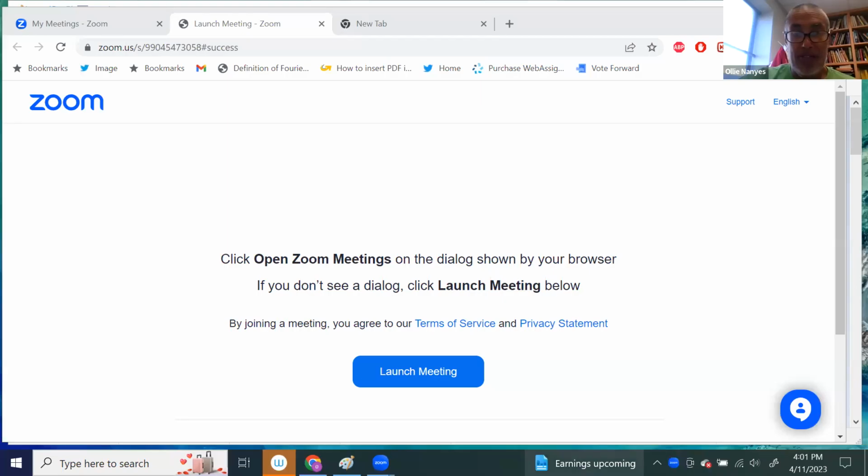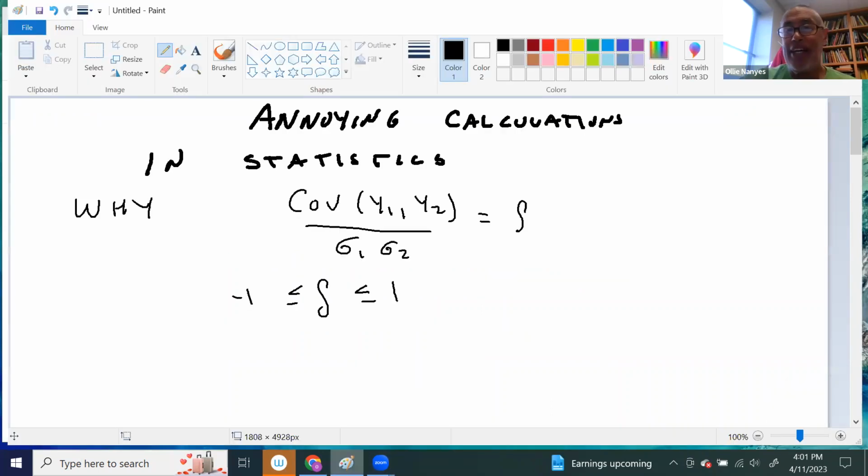So we'll go ahead and share screen here. And what I'd like to show is that the correlation coefficient, which is defined to be the covariance of two random variables divided by the product of their respective standard deviations, is always between 1 and -1.